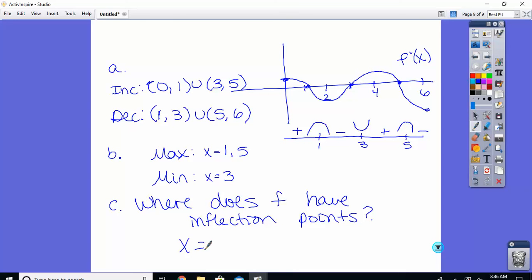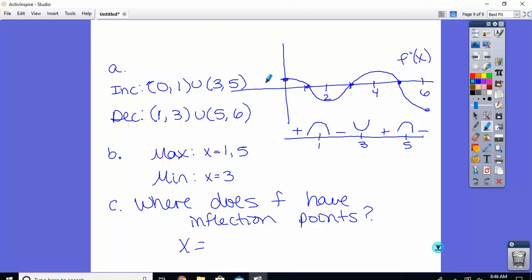If you're looking at the original graph, your inflection points are where the concavity changes. If I'm looking at the derivative though, just think about it. Inflection points mean that your second derivative is 0. How can I look at the graph of my first derivative and know where the second derivative would be 0? Where it has a maximum or a minimum.